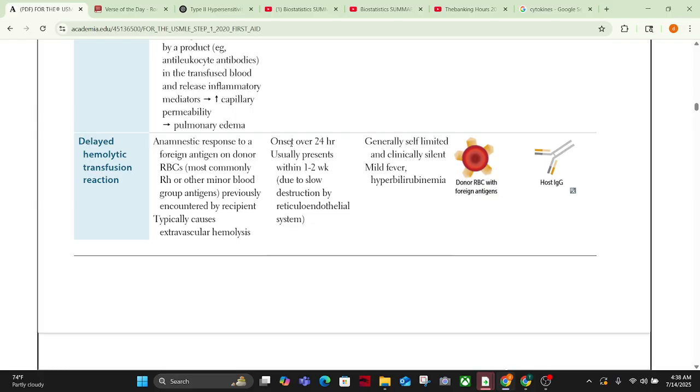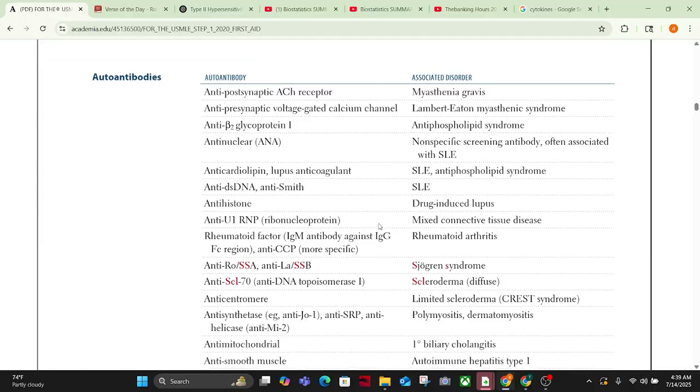Don't forget that, it's very important. So you have to remember an ABO mismatch, which was acute hemolytic transfusion reaction. The main antibody was IgM. And then in Rh mismatch, the main antibody is IgG, and that is talking about delayed hemolytic transfusion. Okay. Next, autoantibodies.